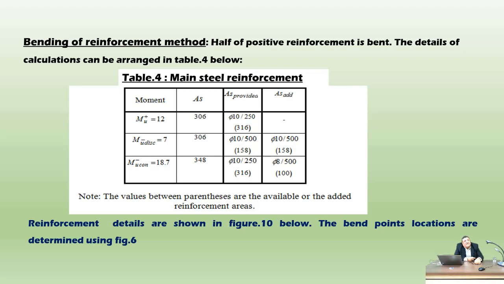The added reinforcement is 5φ8 over 500 millimeter, which gives 100 square millimeter. The provided and additional reinforcement is 416 square millimeter, which is greater than the required reinforcement, 348 square millimeter. Reinforcement details are shown in figure 10 below.